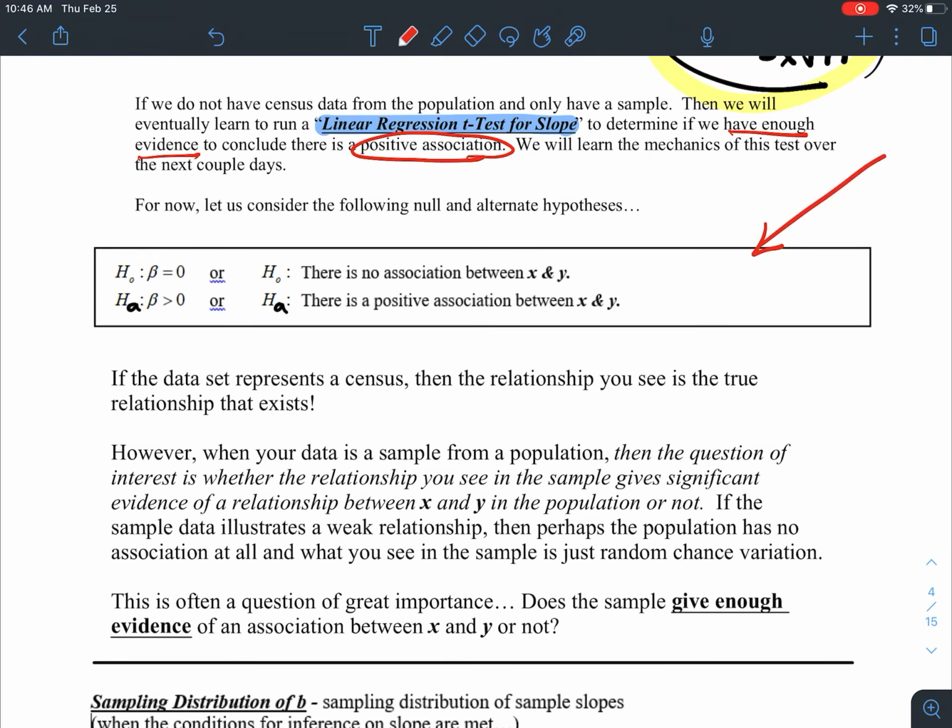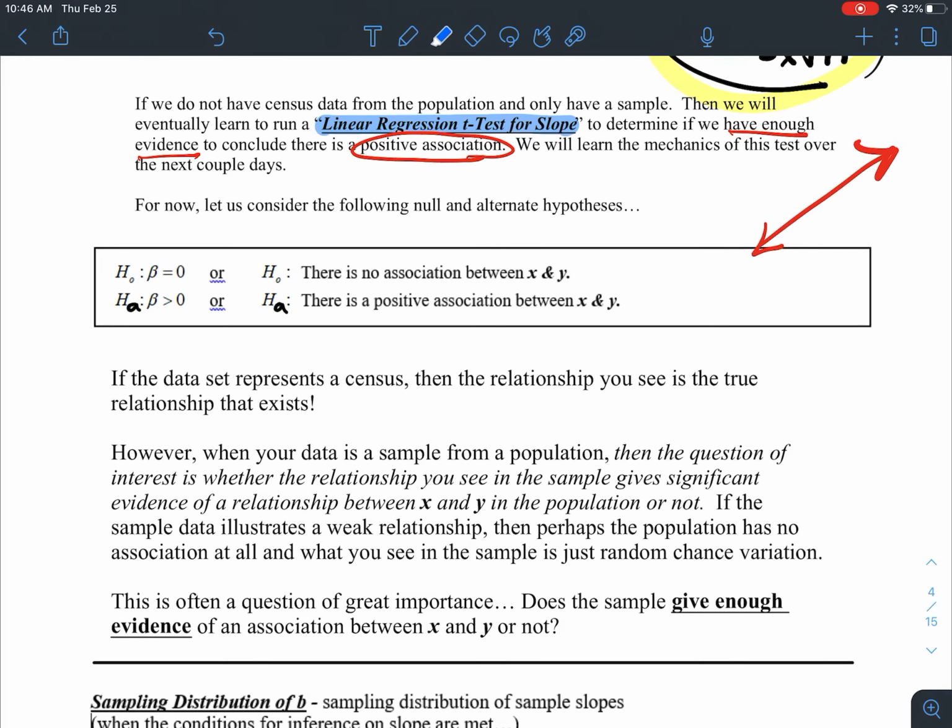Positive association means that the slope is positive, therefore, as your x variable is increasing, the y variable is also increasing. Now, how that's going to look in terms of your null and alternative hypothesis, it's got it written out two different ways. One sort of in words, what it means, and the other using the beta symbol.